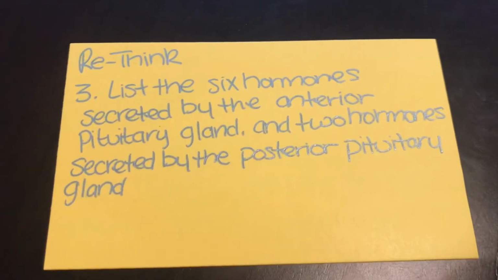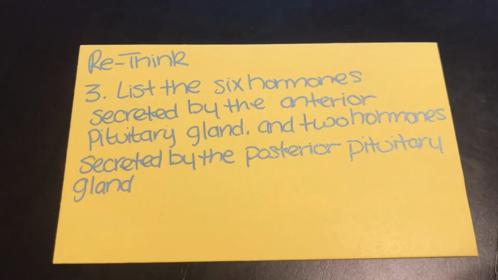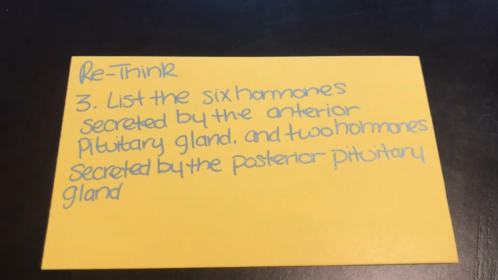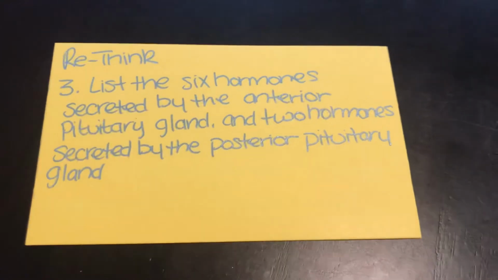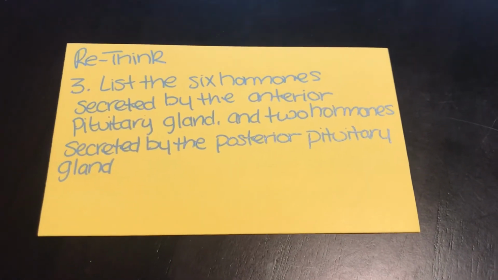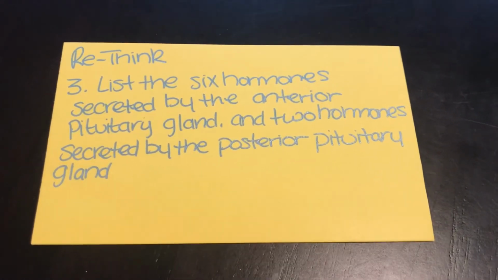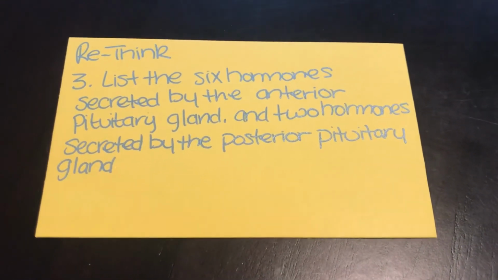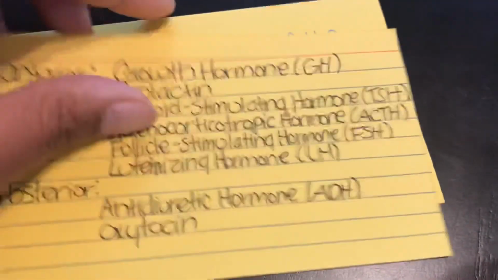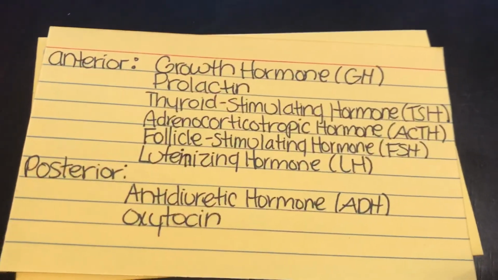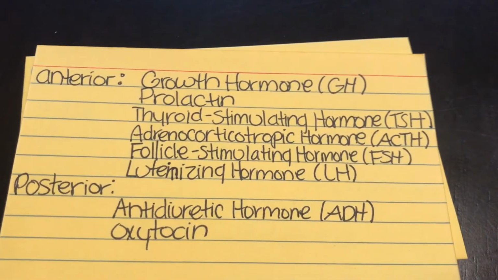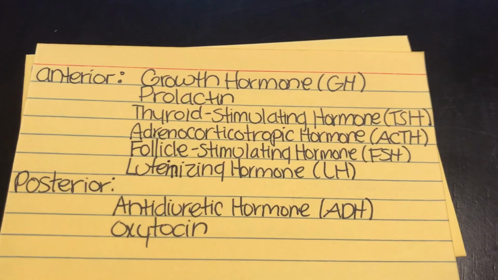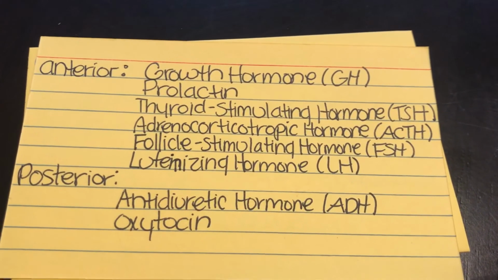Number 3, list the 6 hormones secreted by the anterior pituitary gland and 2 hormones secreted by the posterior pituitary gland. So the anterior secretes growth hormone, prolactin, thyroid stimulating hormone, your ACTH, your FSH, and your LH.